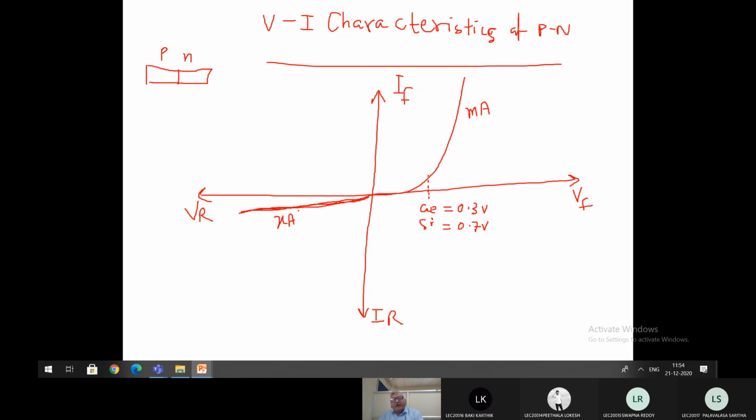So now, can anyone tell why this reverse bias current is there? Why is there current in the reverse bias condition?